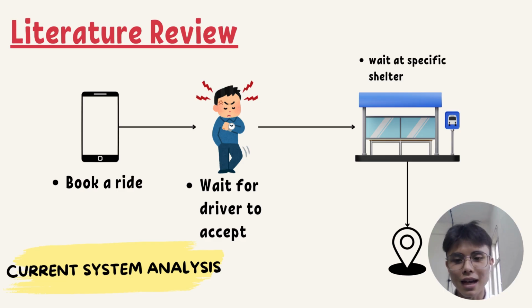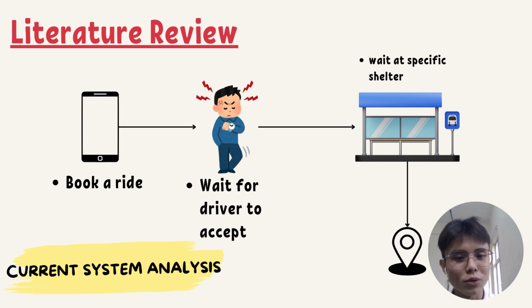Next is the current system analysis. Usually, when students want to travel outside of the UTM campus, they will choose Kumpool to book their ride because it is more economical for them. What they need to do is use their mobile application to book a ride, and then wait for the driver to accept their request.